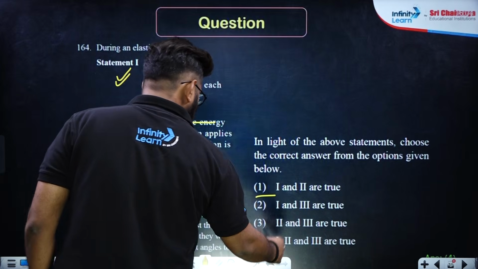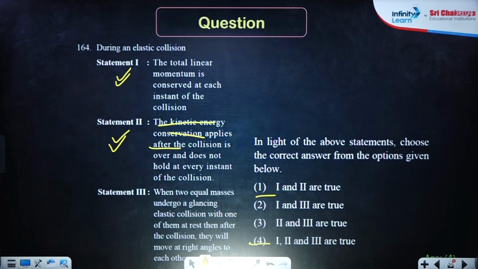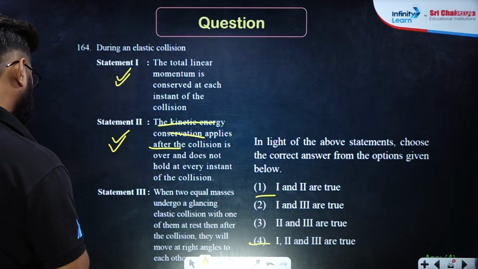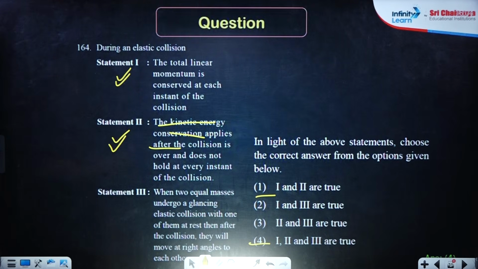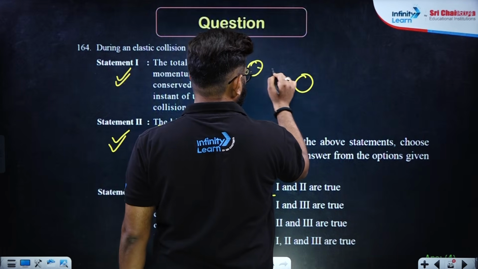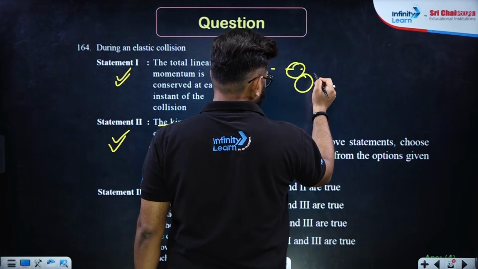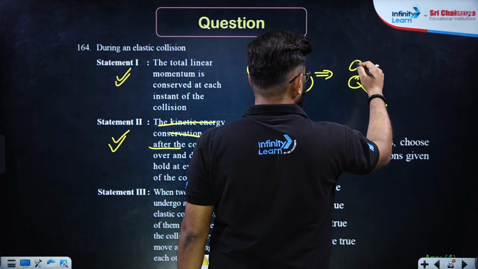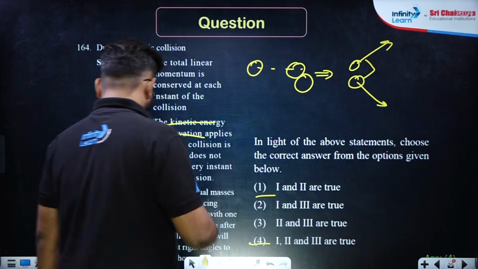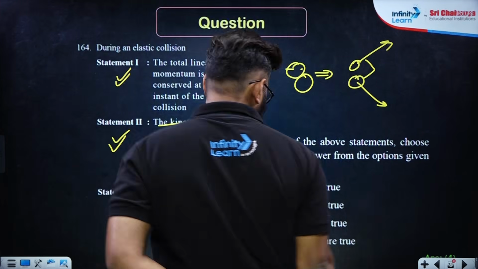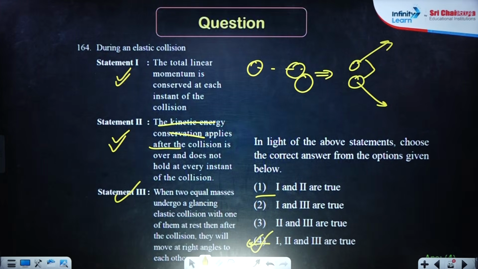When two equal masses undergo a glancing elastic collision with one of them at rest, then after the collision they will move at right angles to each other. If this is at rest and it collides, then after this one moves like this and the other one moves over here, at right angles to each other. This is also correct. Options 1, 2 and 3 all are correct. Option number 4 is the right answer.